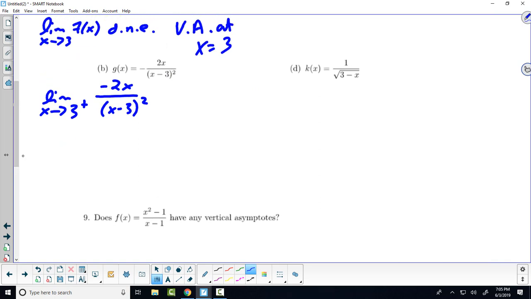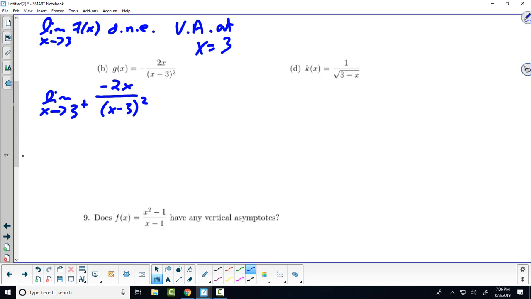In this case, what's my numerator approaching? Negative 6. So if the numerator is negative, you just invert these properties that we talked about. Okay? So the numerator is approaching negative 6. The denominator is approaching an arbitrarily small what? Positive number. Why? Because I'm plugging in numbers like 3.1, 3.1 minus 3.